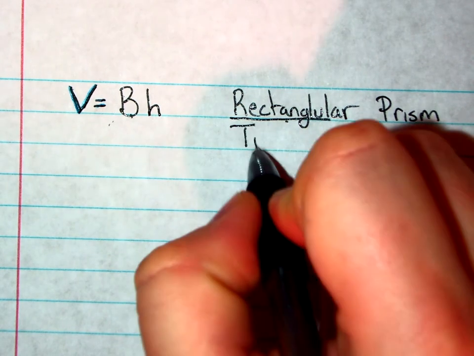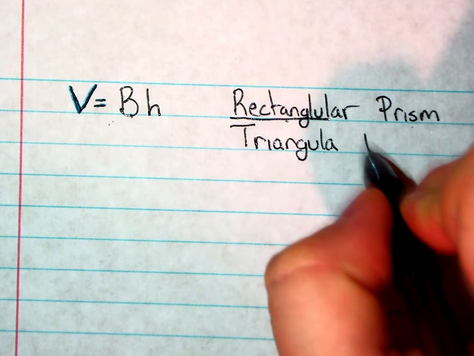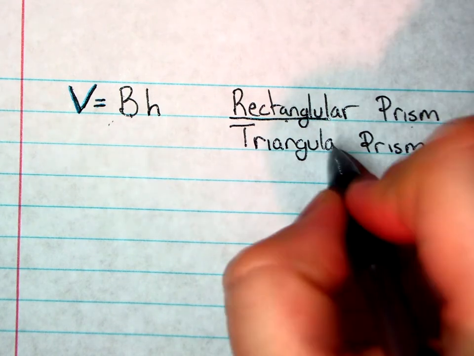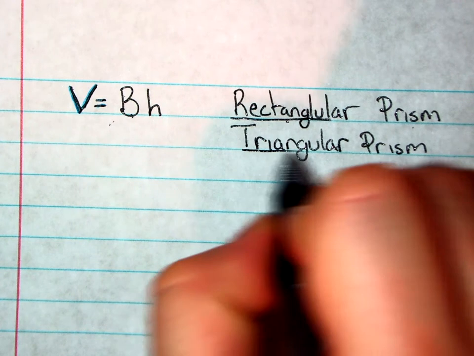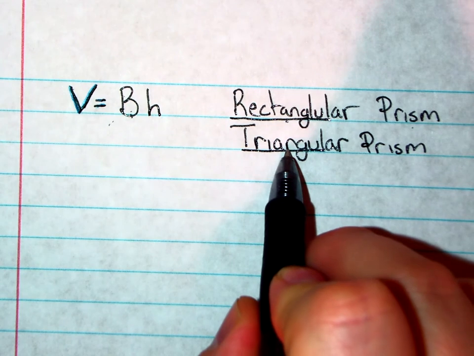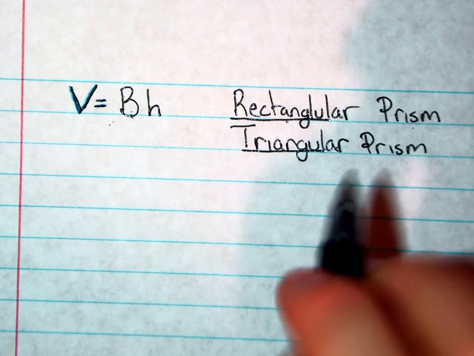The triangular prism has a triangle base. So I first need to find the area of the base, which will be a triangle, and multiply it by the height of the prism.